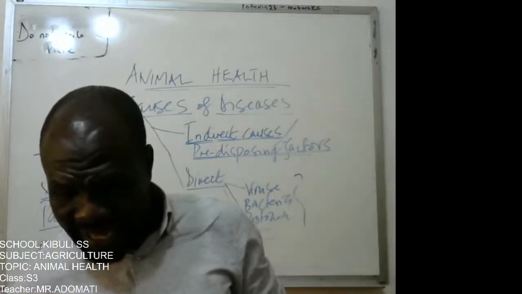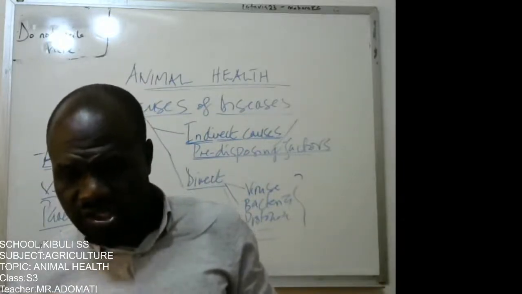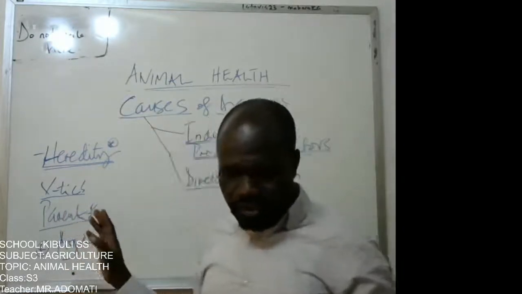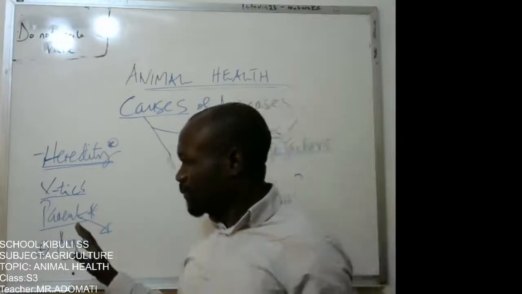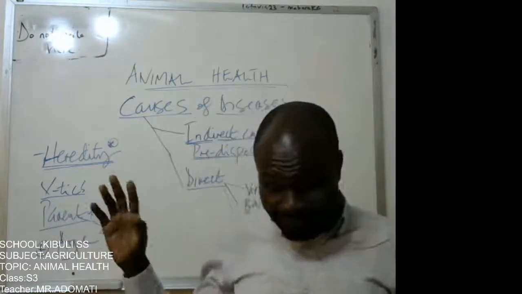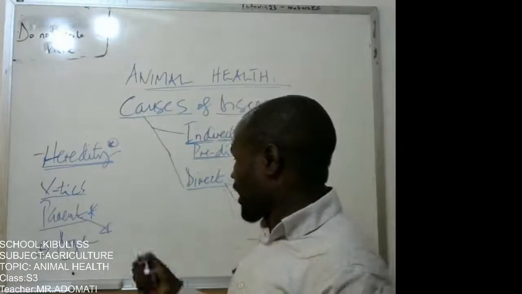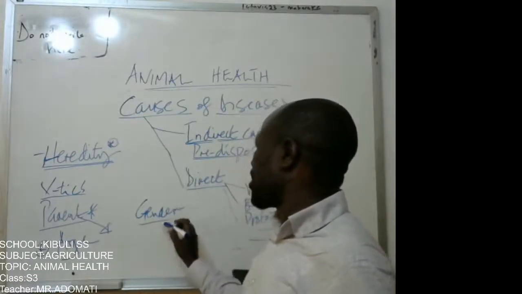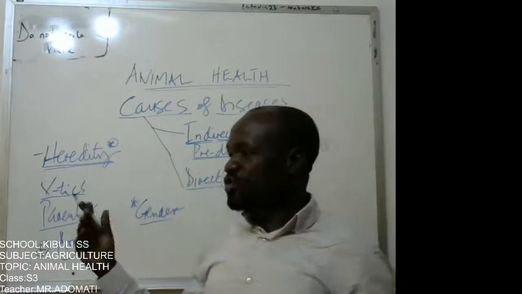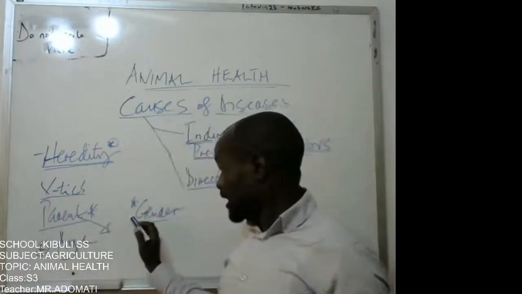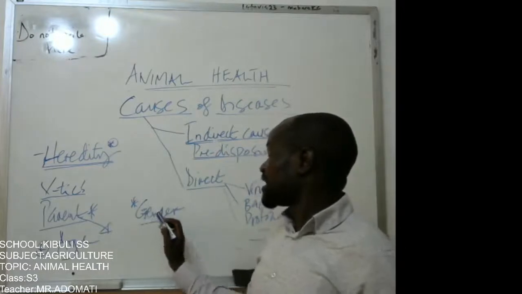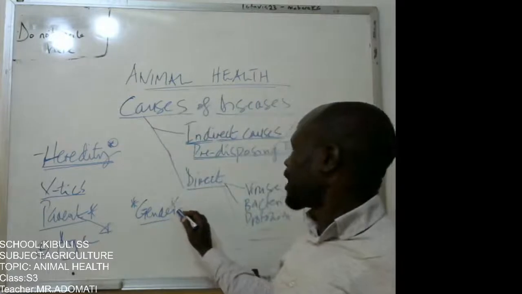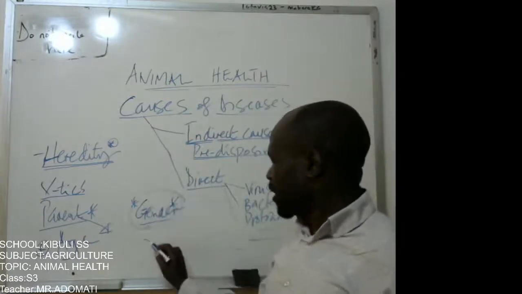Then the other indirect or predisposing cause of disease is sex. Yes. You know, when you say sex, now your minds are... But we cannot say gender in animals. Remember, gender is to do with the roles that the society assigns to the males and the females. So in animals, we cannot talk of gender. That's why we're talking of sex.